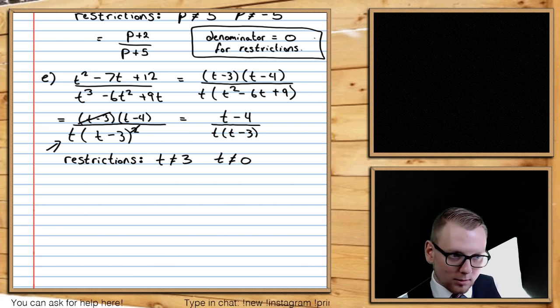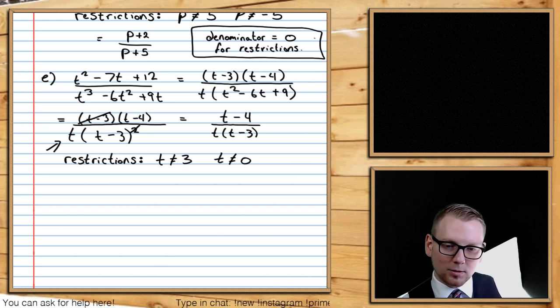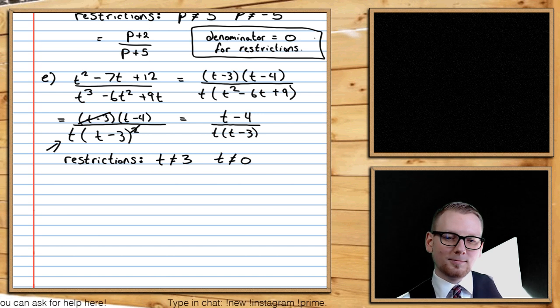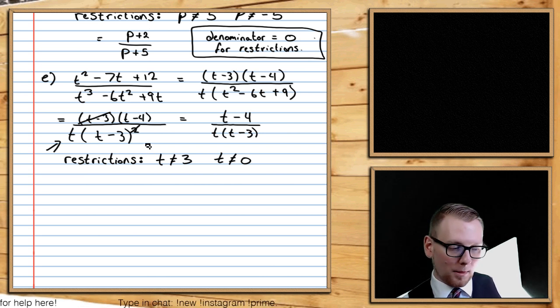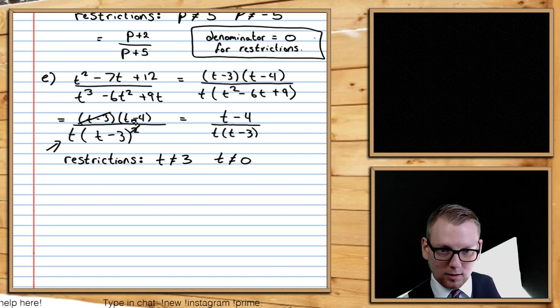Do you know how E was solved? Okay. The t minus 3 on the top and 1 on the bottom, they crossed out. Right? So all that was left was the t minus 4 on the top.